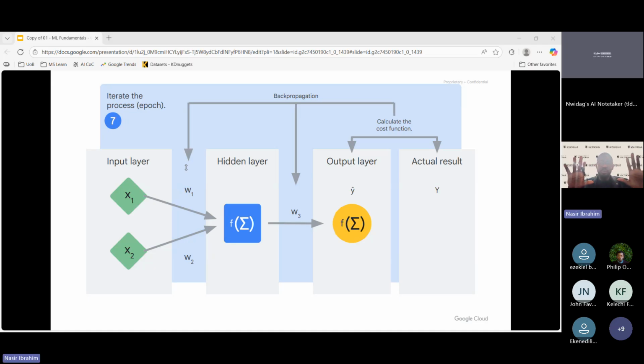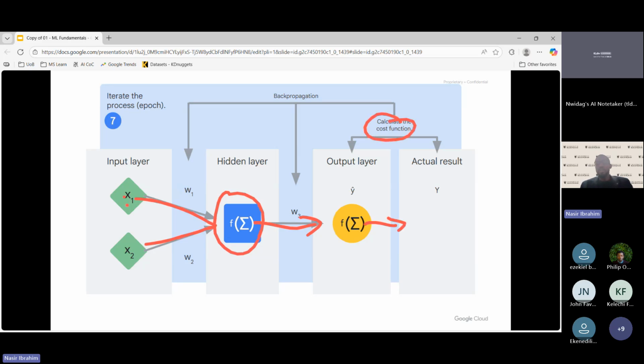The very basic, to recap: you have input data, you perform a linear or weighted sum, and then you apply an activation function. You do that until you get the output. Once you get the output, you compare it with the actual result and compute the cost function.